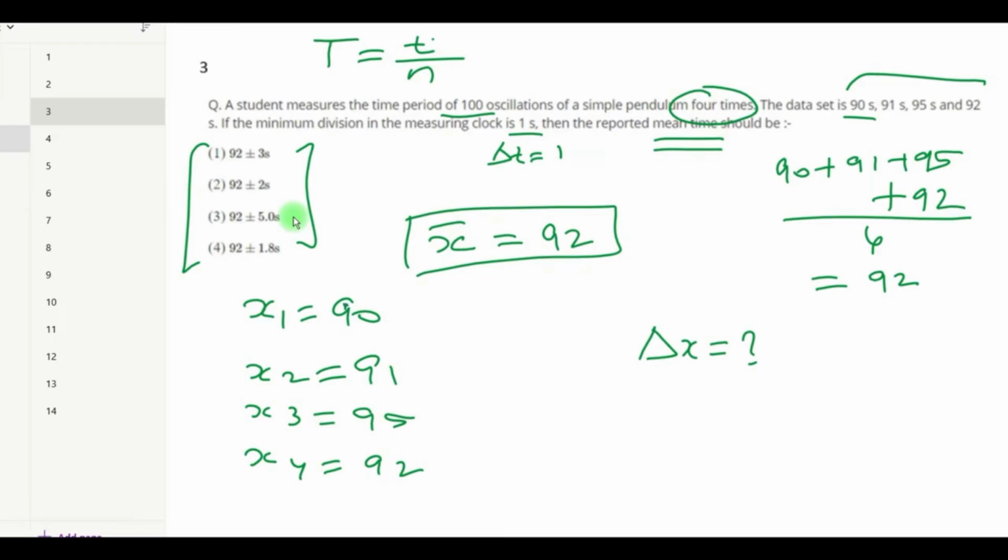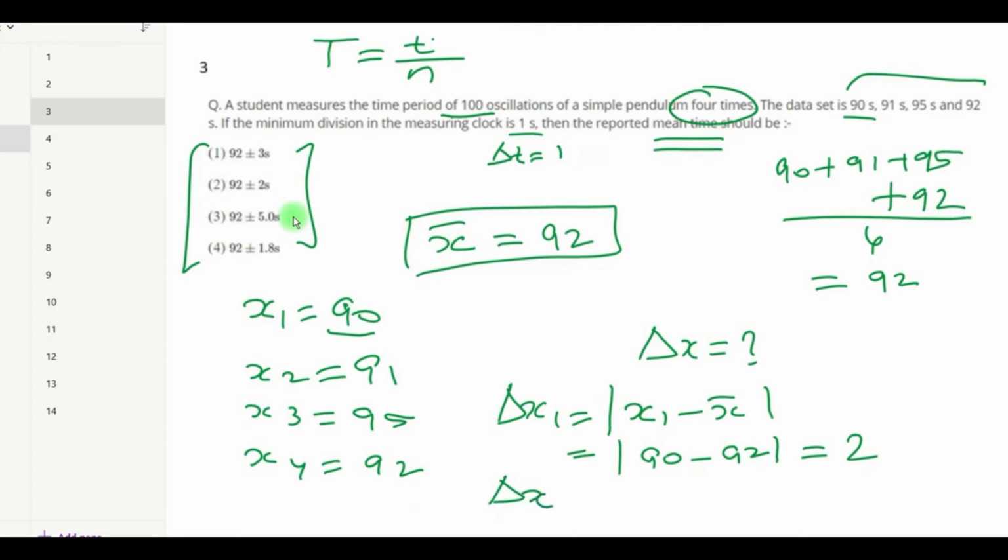So consider the first value of 90. We will find out how far it is from the average. If I want to find delta x1, that will be the modulus of x1 minus the average. This can be written as x1 is 90 and the average is 92. If I solve this, I will get 2. The negative sign vanishes because of the modulus sign.